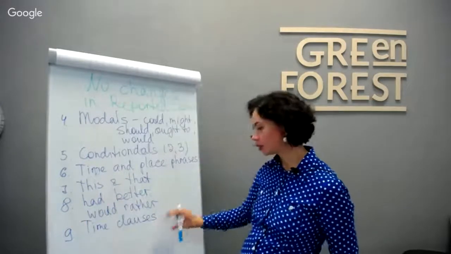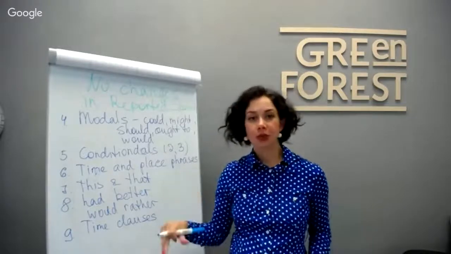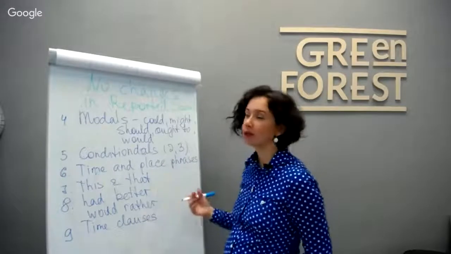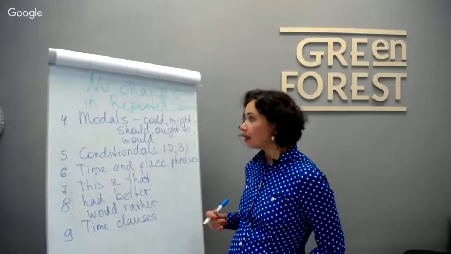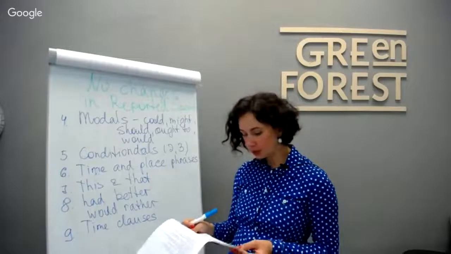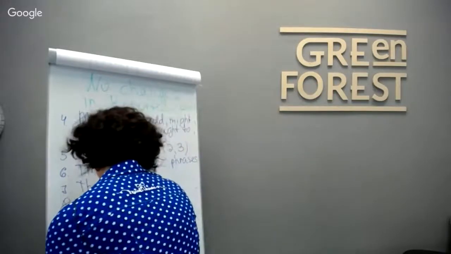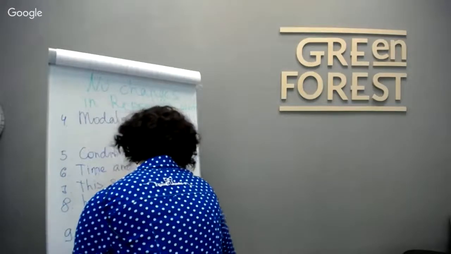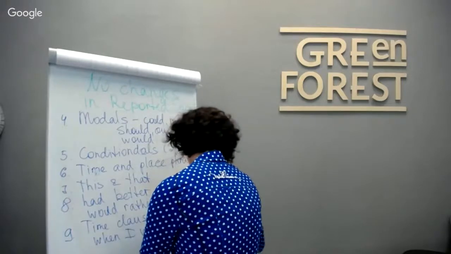These are parts of a sentence in which we use as soon as, when, if, as long as, while, and others. When we report somebody's sentence, I will write you a sentence and you will see what I mean. For example, when I was swimming, sorry for my handwriting, but it is as it is.